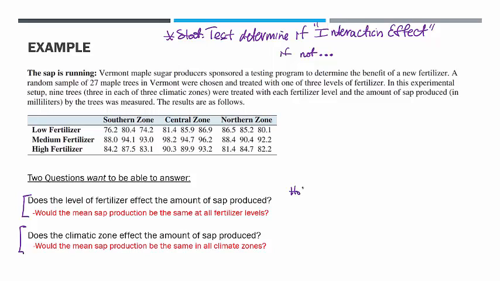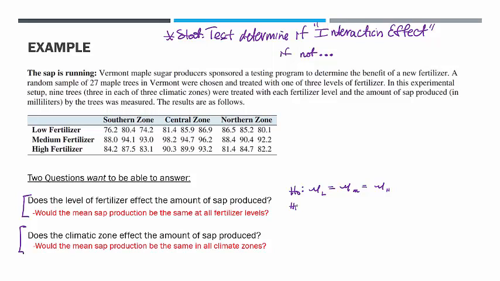So the null hypothesis is that the mean sap production at low fertilizer is equal to the mean for medium fertilizer trees, which is equal to the mean for all trees treated with high fertilizer. Notice it's basically what a null hypothesis would look like in a one-way ANOVA.